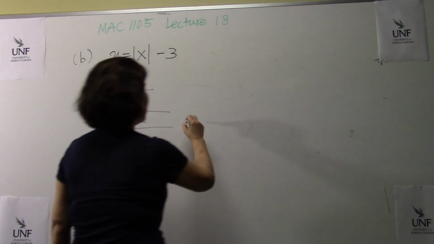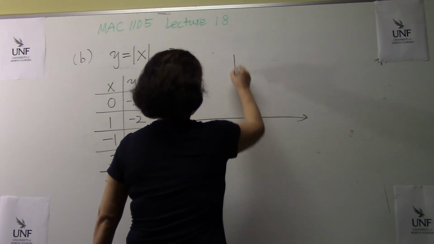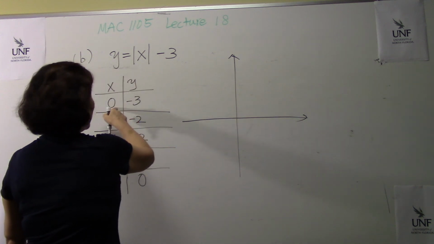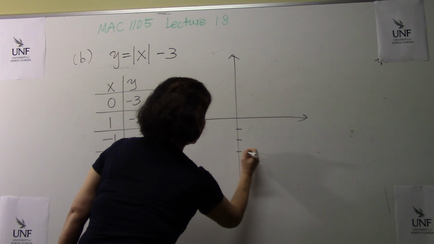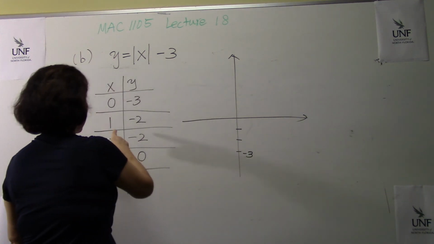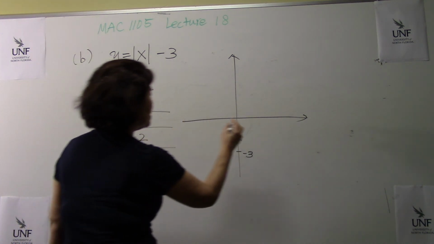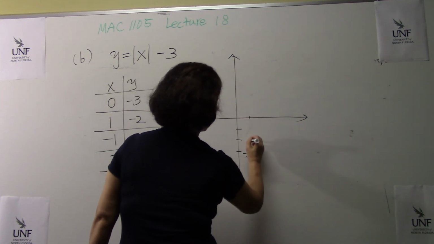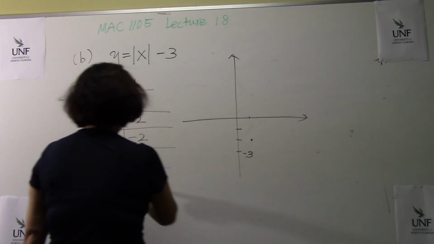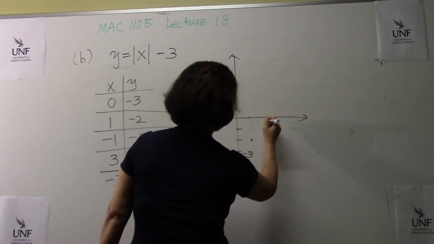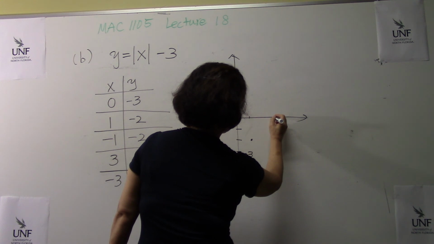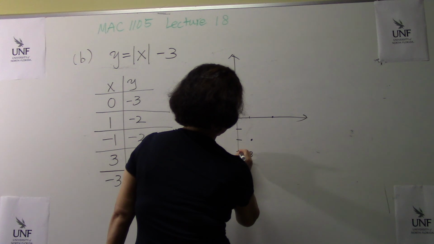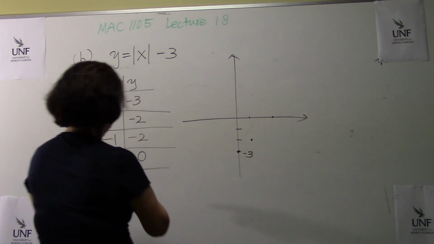See what kind of graph we see. When x equals 0, negative 3. When x equals 1, y equals negative 2. When x equals 3, 0.